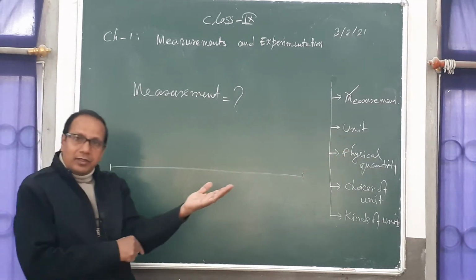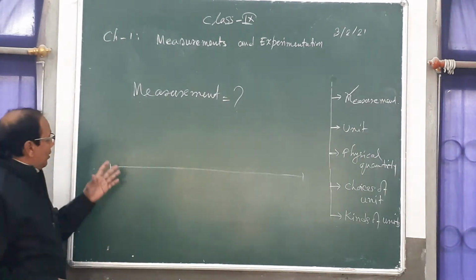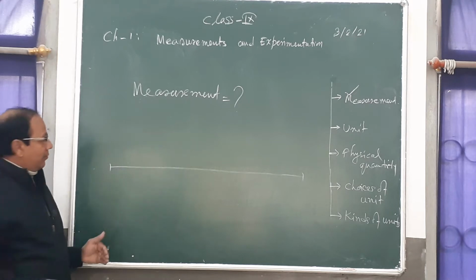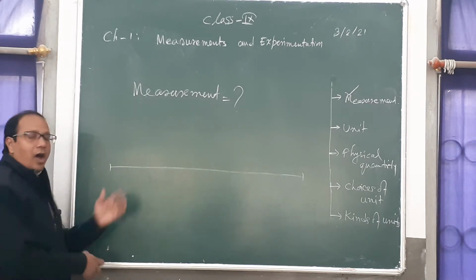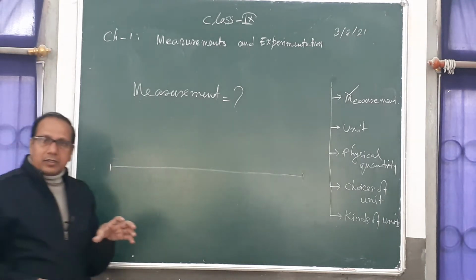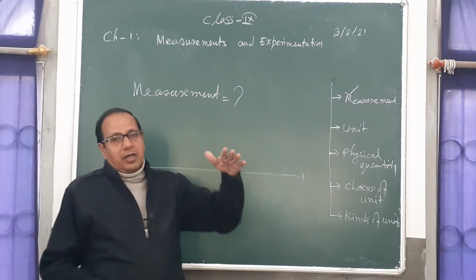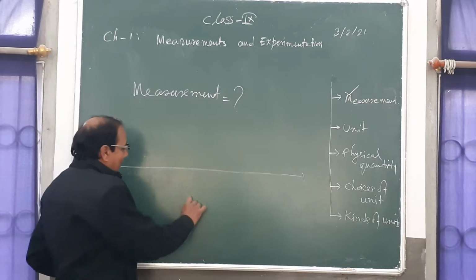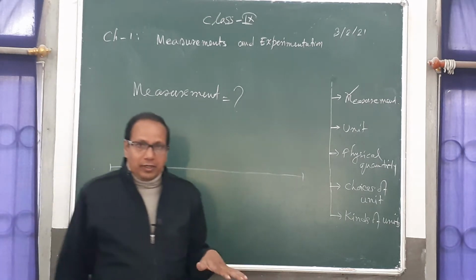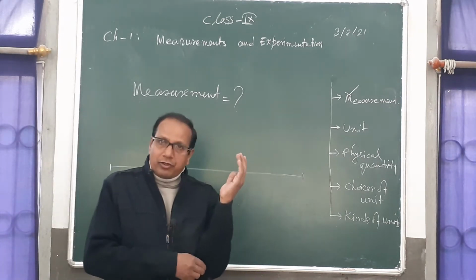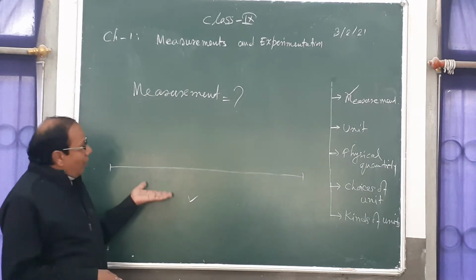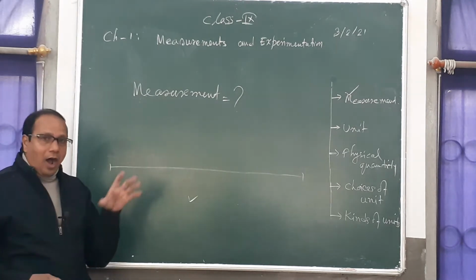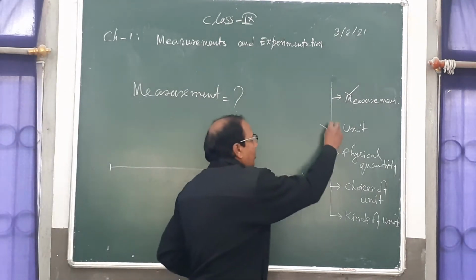Unit can be arm length, but if you ask to measure the room of your class, you will start measuring with your arm length. The persons who are taller, their arm length is also long, so the number of arm lengths will be less. And who is shorter, their arm length is also short, so their number of arm lengths will be more for the same length of the room. So that's why arm length is not a unit.